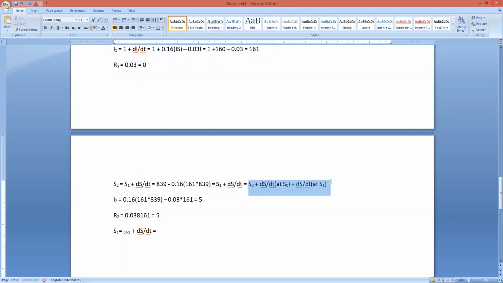This is equal to S0, the starting point, and then the changes in every period.